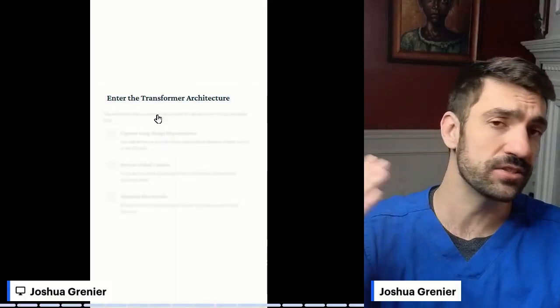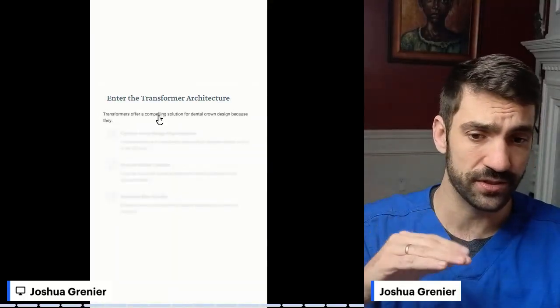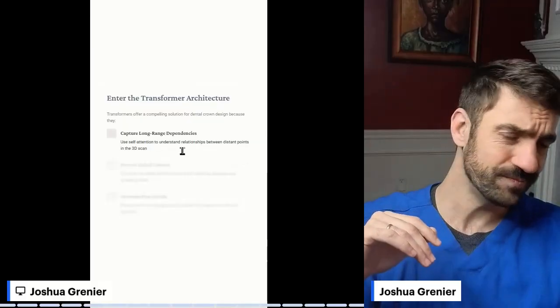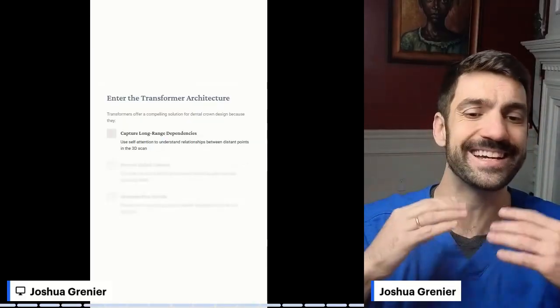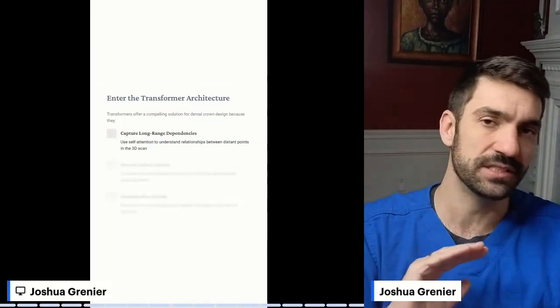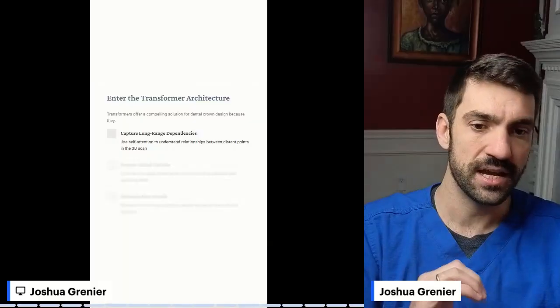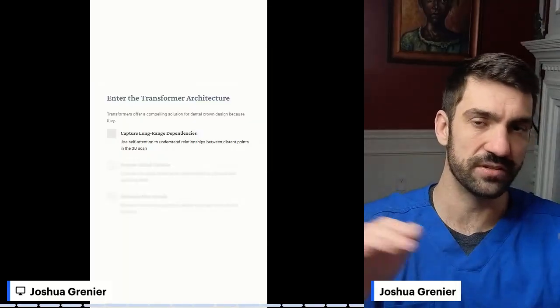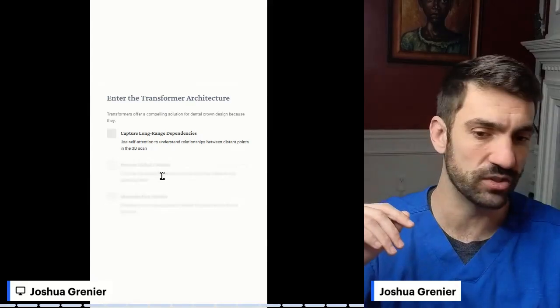So the idea is these transformer architectures. These are extremely advanced. ChatGPT, that's what the T stands for. They're computationally heavy, but the idea is that they have the potential to understand how different types of points relate to each other. They can have a very large context window.